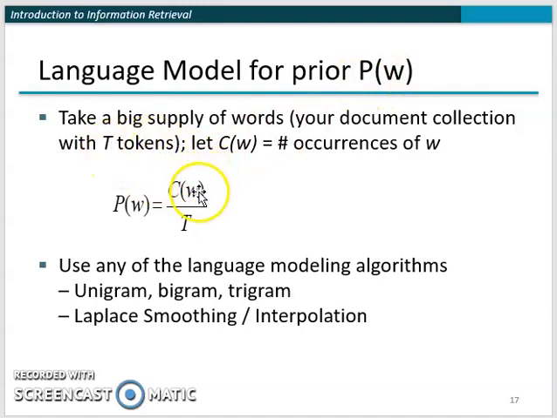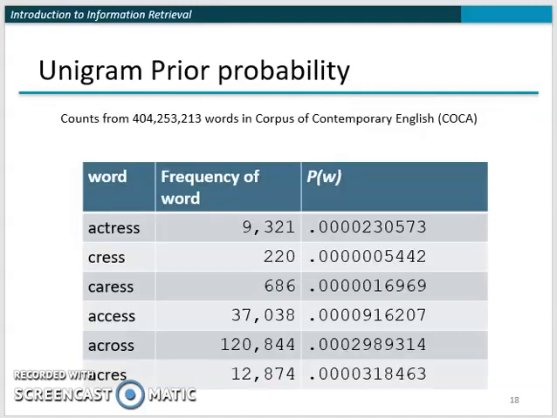We have a large enough collection of words, a document collection in this case, and we can count the occurrences of this word and divide by the total number of tokens, and we can get the Unigram probability of this word W. We can use any language model: Unigram, Bigram, Trigram, and we can also smooth these probabilities using either Laplace smoothing or interpolation. So that's how we get our prior probability.